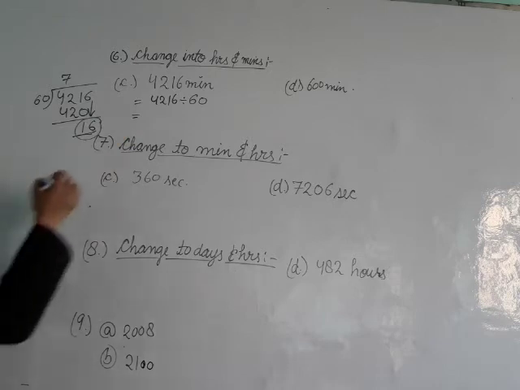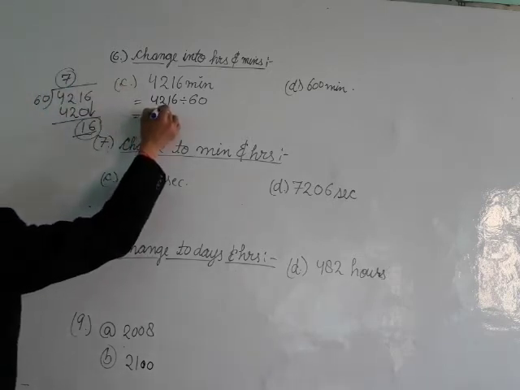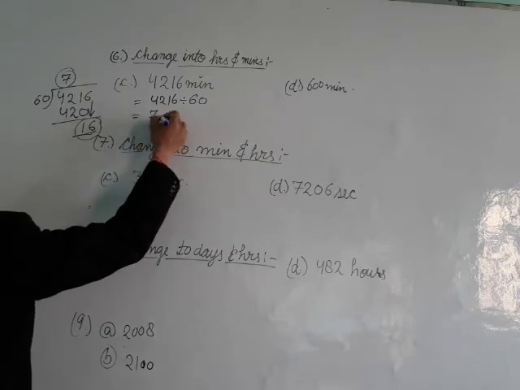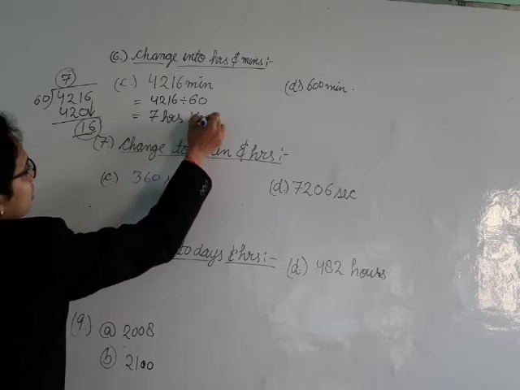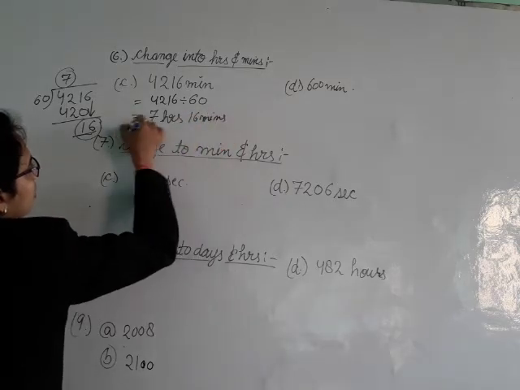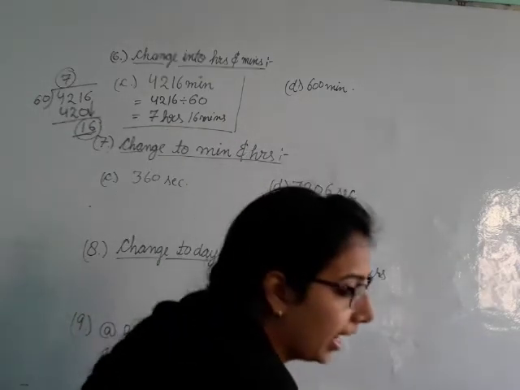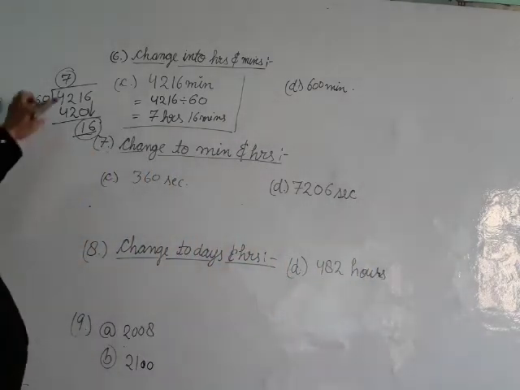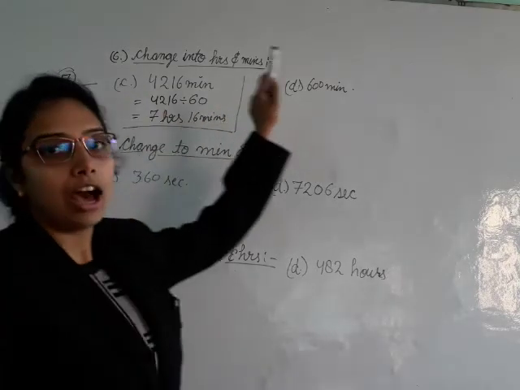So what will be the answer? Fully 7 hours, and the remainder is 16 minutes. This is your answer. Got it? How to divide it? Understood? And if there is no remainder, then only hours will be there.